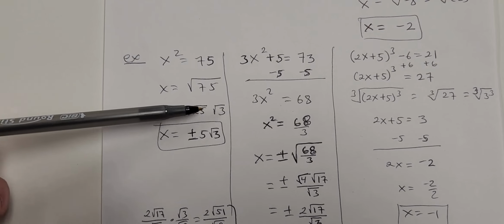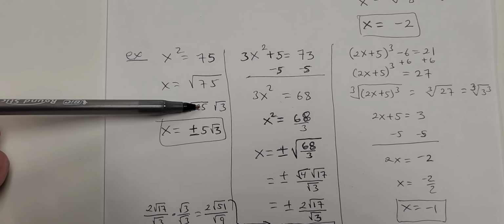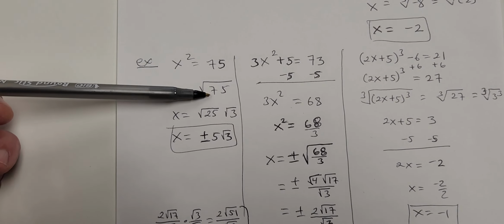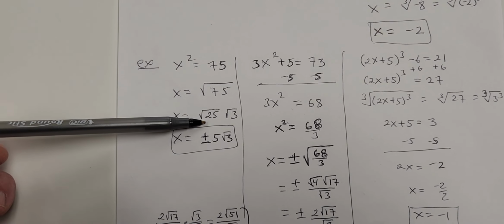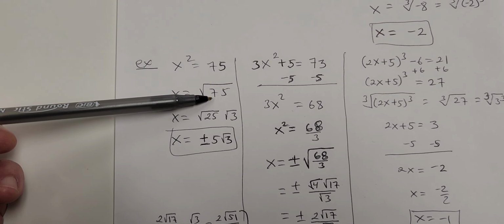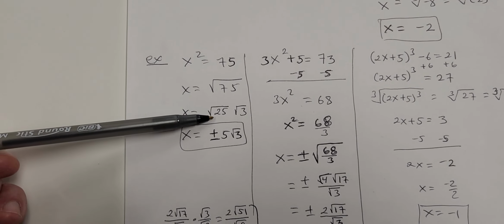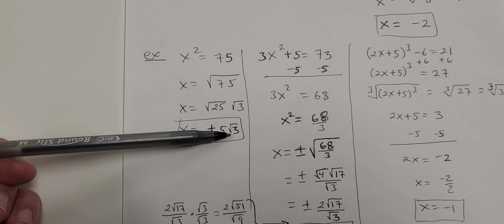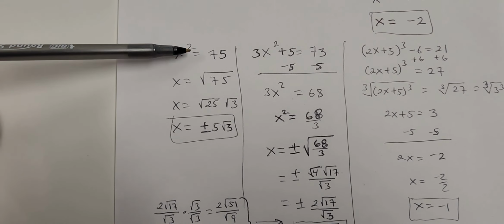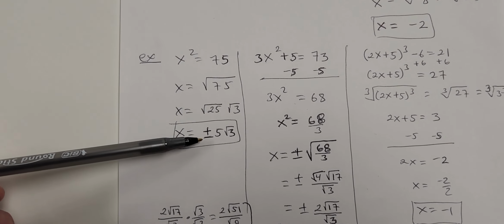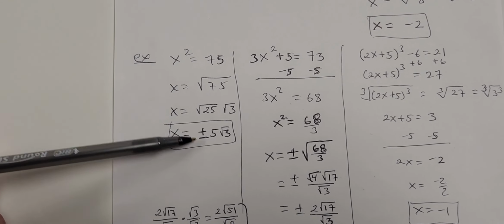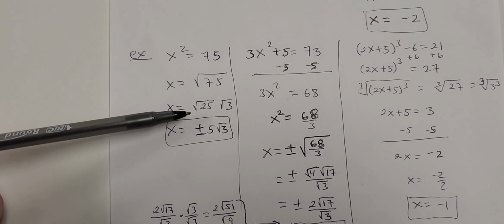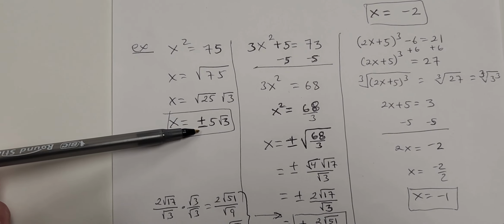So I use 25 and 3. 25 times 3 gives me this 75. I square root this 25, so it becomes 5. Square root 3, I cannot, so leave it alone. And this is an even power, so you must put positive and negative. One more time. Even power, you must put positive and negative.